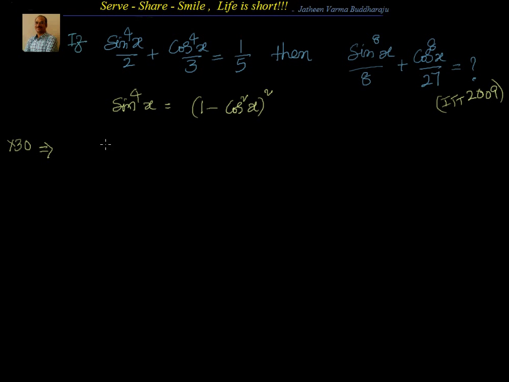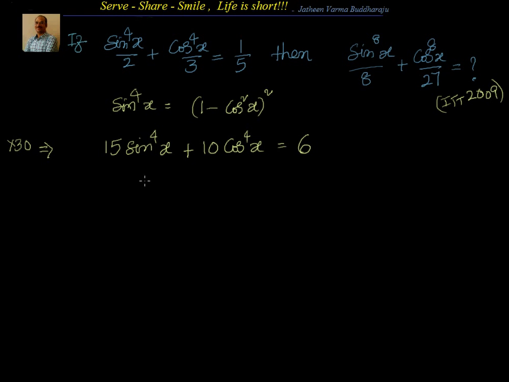I will have 15 sin to the power of 4x plus 10 cos to the power of 4x is equal to 150? No: because we are multiplying throughout with 30, 30 by 2 is 15, 30 by 3 is 10, and 30 by 5 is equal to 6. Let me write it down.